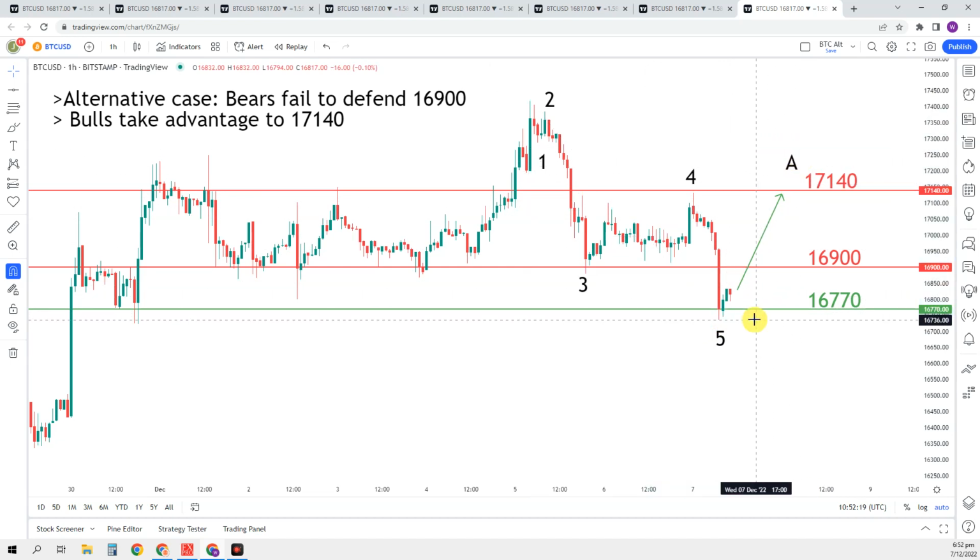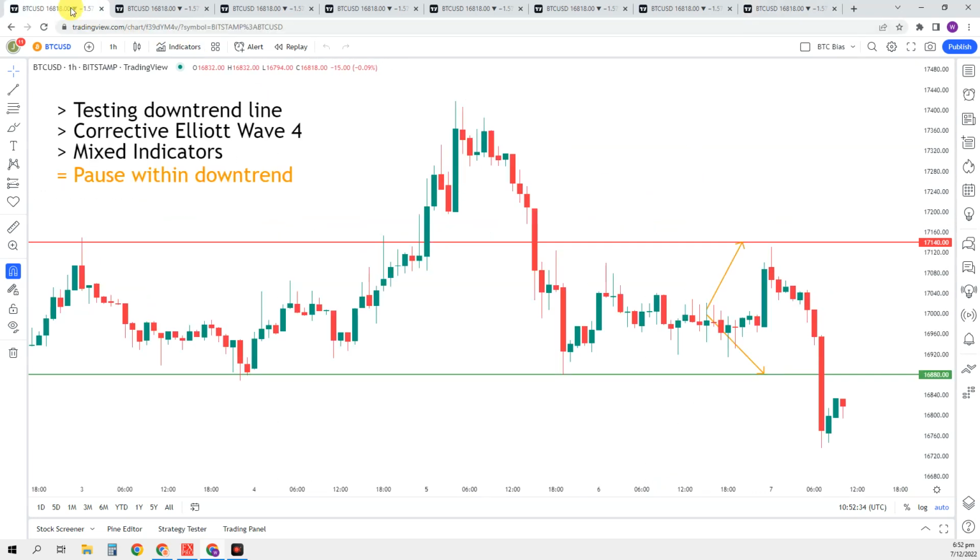So in the alternative case, if the bulls break above 16,900, it will not be surprising to see them test 17,140, which was the key level that I identified yesterday at 17,140.